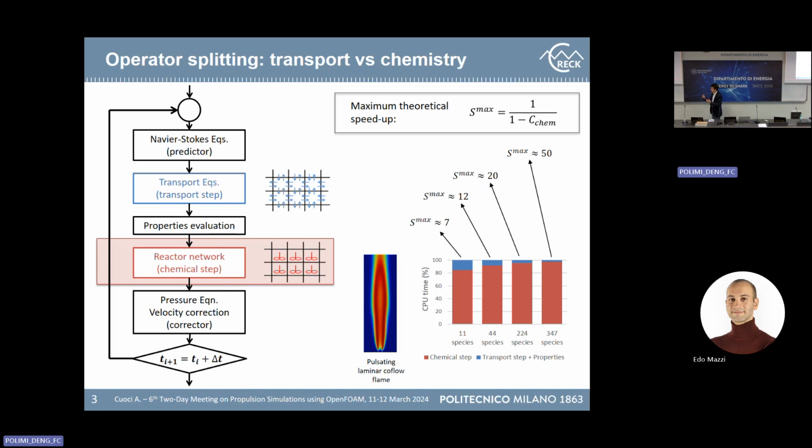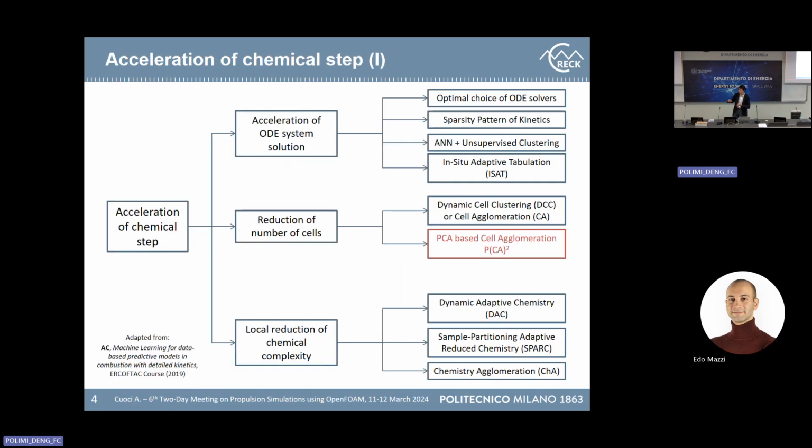Most of the computational time is spent integrating the chemical step, and the cost increases with the number of species in your kinetic mechanism. So if we really want to accelerate our CFD simulations with detailed chemistry, we first have to try to accelerate the chemical step. This is the topic of this presentation.